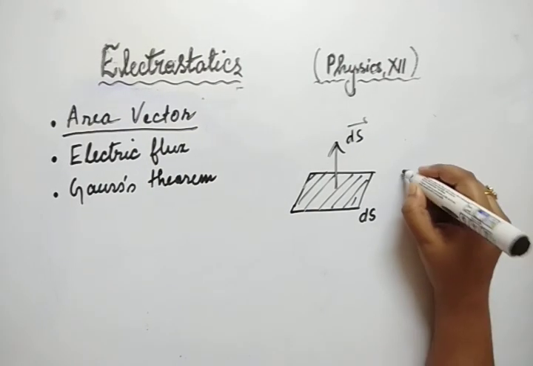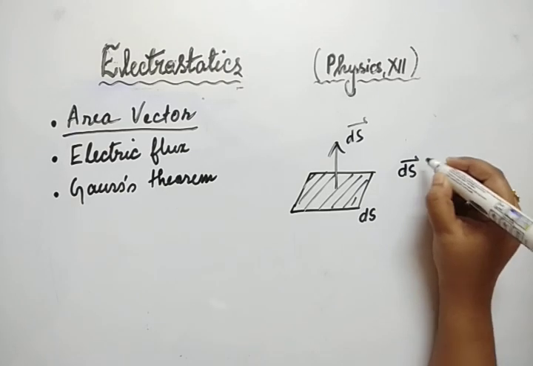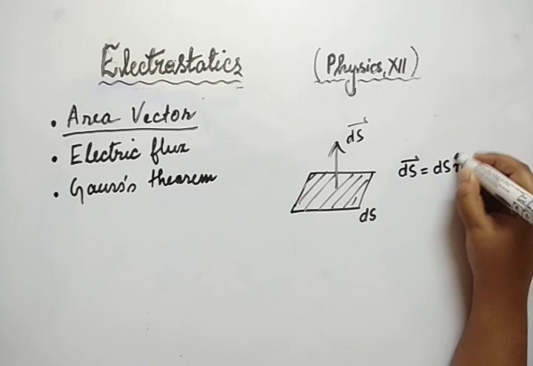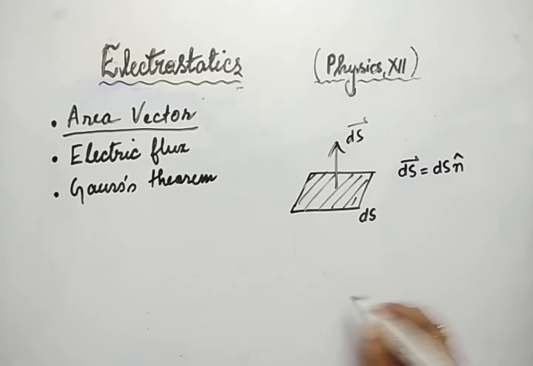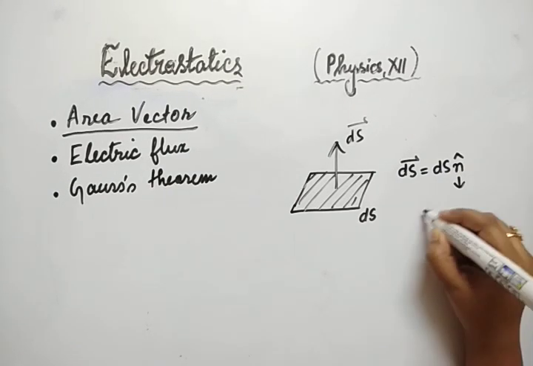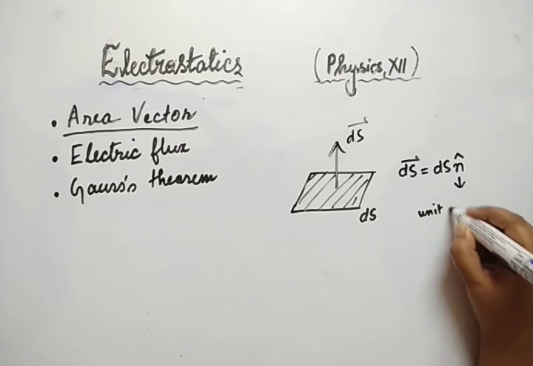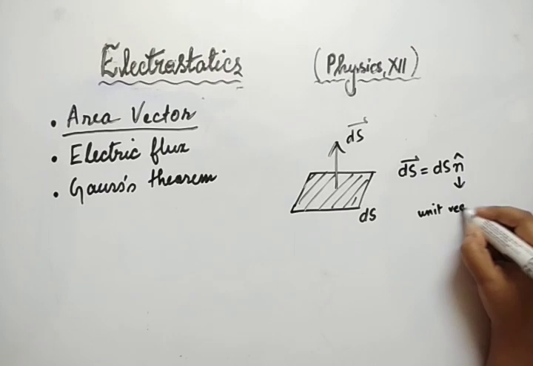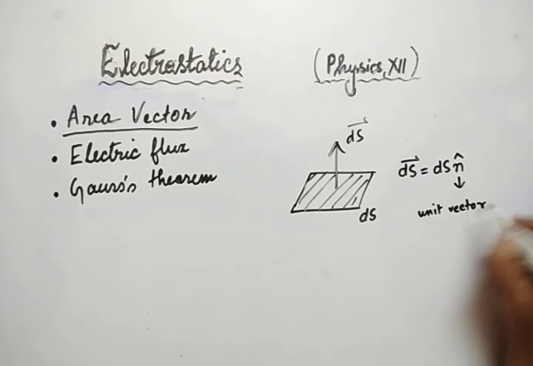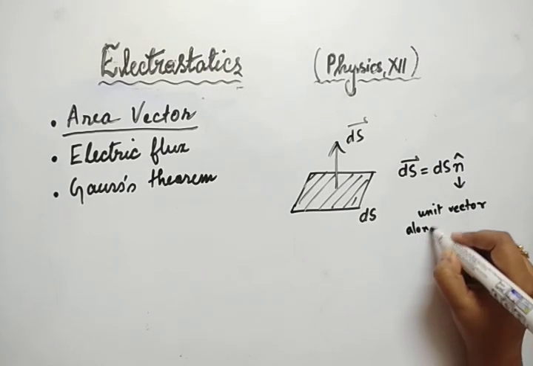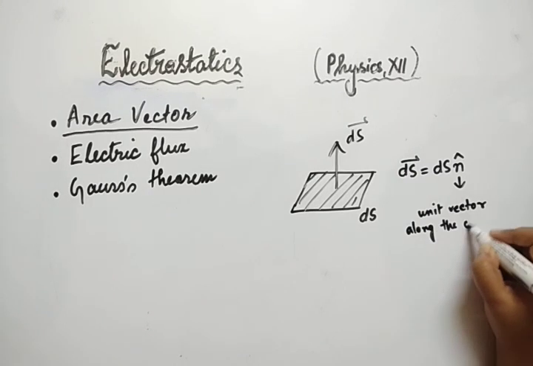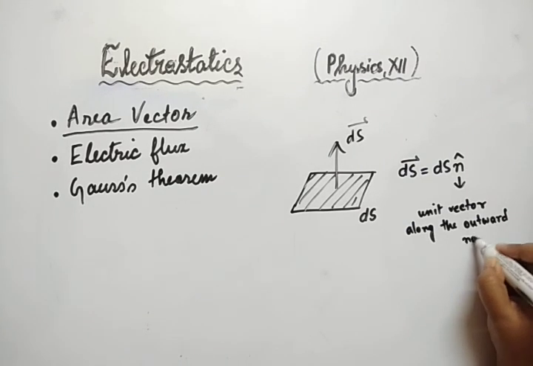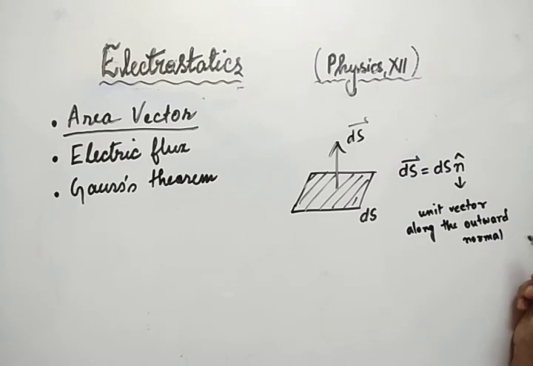Now this ds vector can also be written as ds n unit vector, where n is a unit vector along the outward normal.